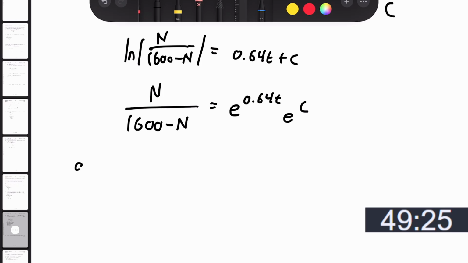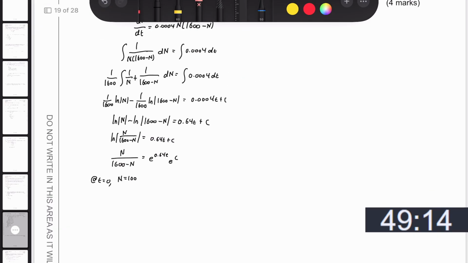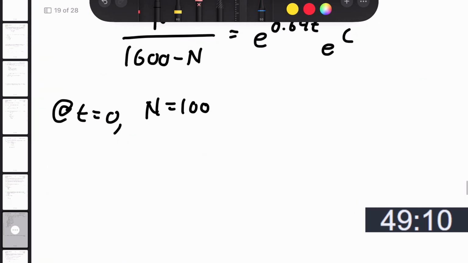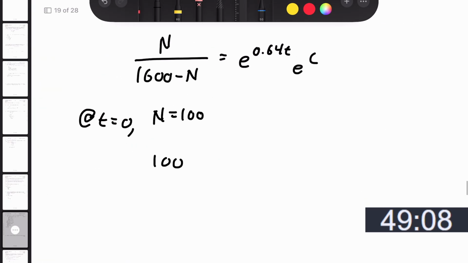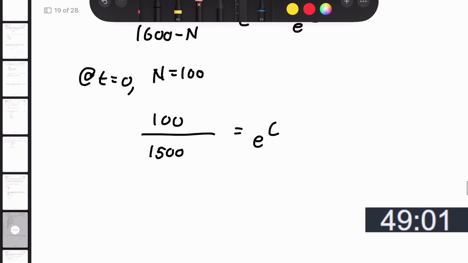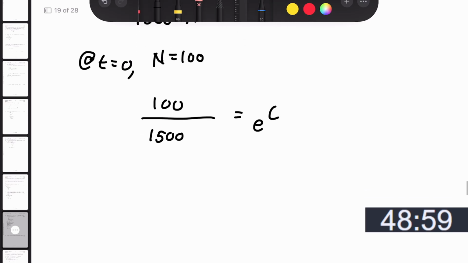So we say at t equals 0, we know that n is equal to 100. So then we have 100 on 1500 is equal to e to the c. So then 1 on 15 is equal to e to the c.